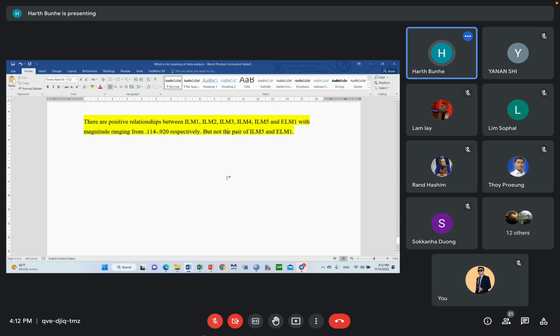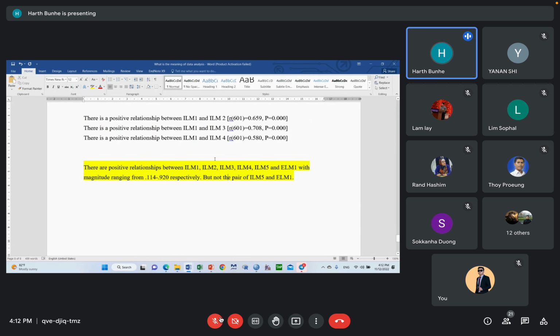You got the meaning, everybody? You can do it pair by pair like this. The interpretations of correlation, yes, also fine. And you can conclude it into very brief information like this, also fine. And then followed by this pair that there's no correlation.